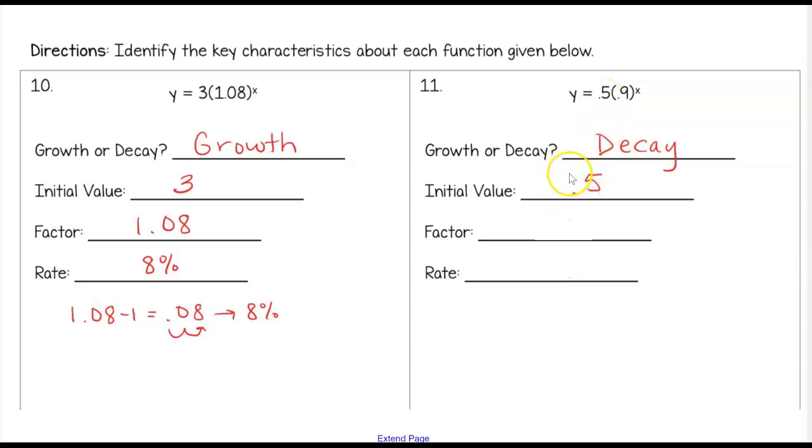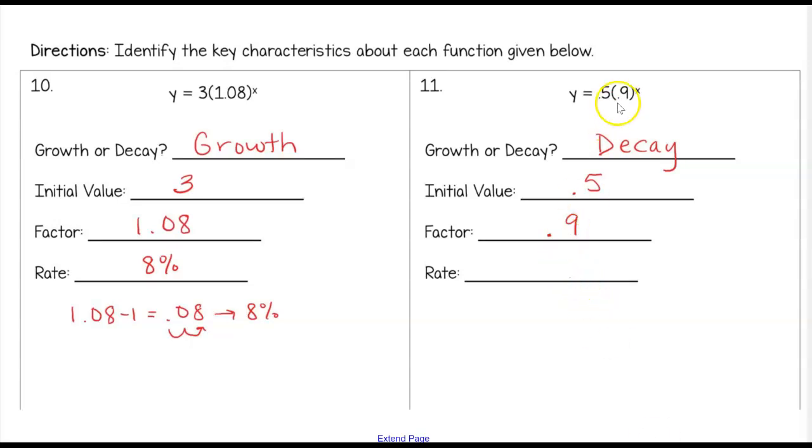Now see if you can find the factor. 0.9, that's the number that we're multiplying by each time. Now see if you can find that percent. What percent would that be? Remember, you have to subtract it from 1. The percent is going to be 10%.